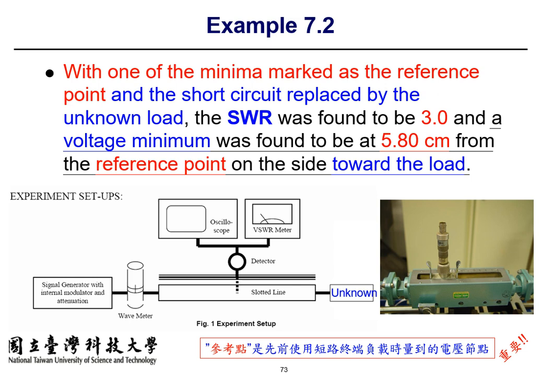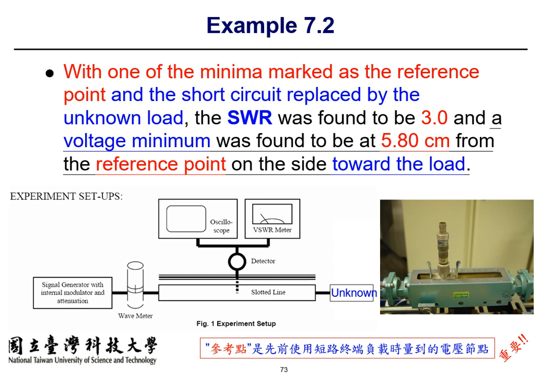Fortunately, the voltage null appears periodically with a short termination. And we know that for every half a wavelength, you will encounter a voltage minimum. So the reason for your first step, connecting the waveguide with a short, is to provide you a location for your measurement reference.